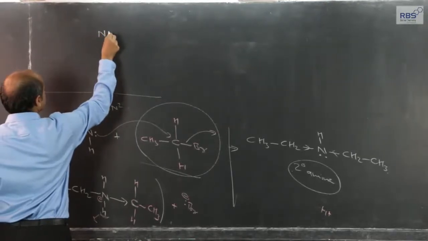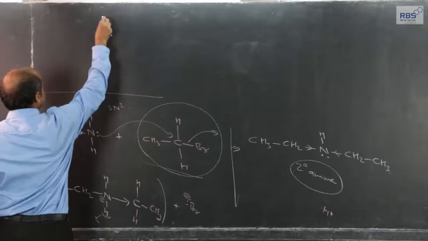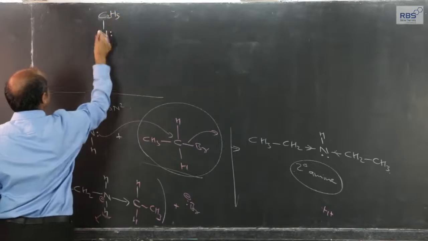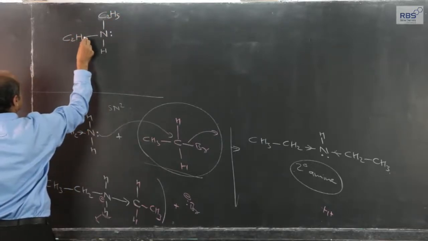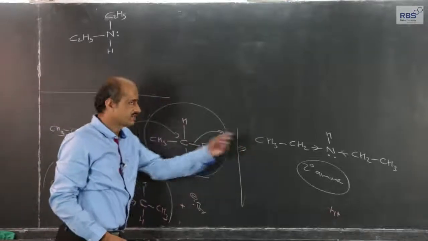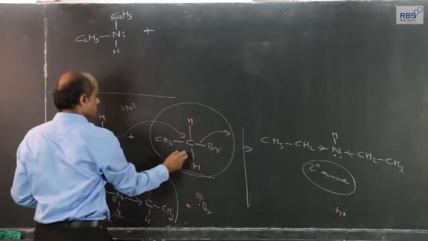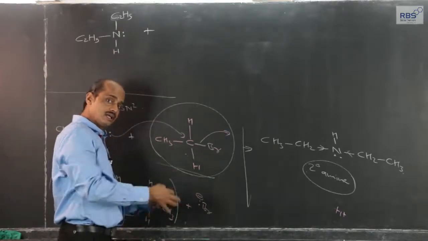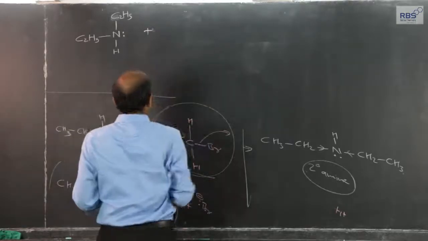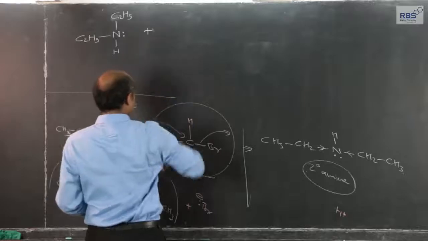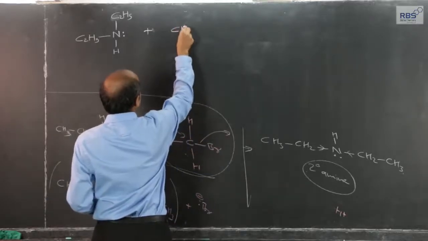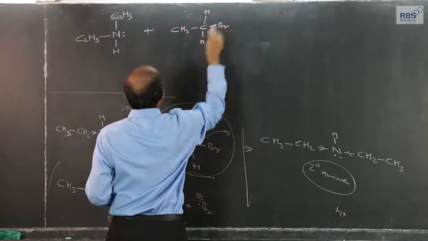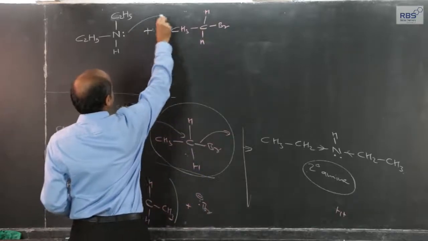Again, let me show it. Ethyl group. Now, I will write the condensed form of the ethyl group. Diethylamine, same thing, and alkyl halide. If the alkyl halide is present in excess, then it will further continue, and what happens? Again, it will react with a third molecule by SN2.